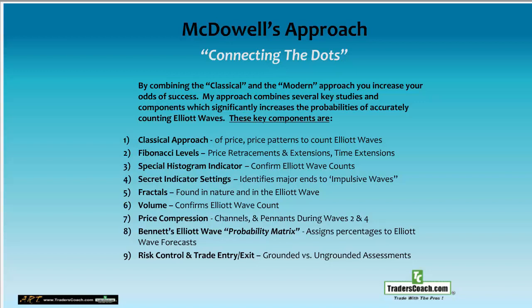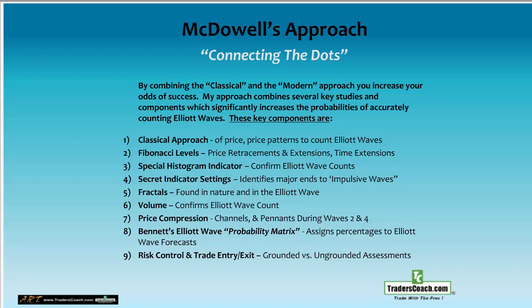You also can use different fractals in the market. These are used in order to find pivot points in the market that represent the waves inside waves. If you see channels or pennants like we talked about before, then you know you're probably in a wave 2 or 4 and not in a wave 3 or one of the impulsive waves.